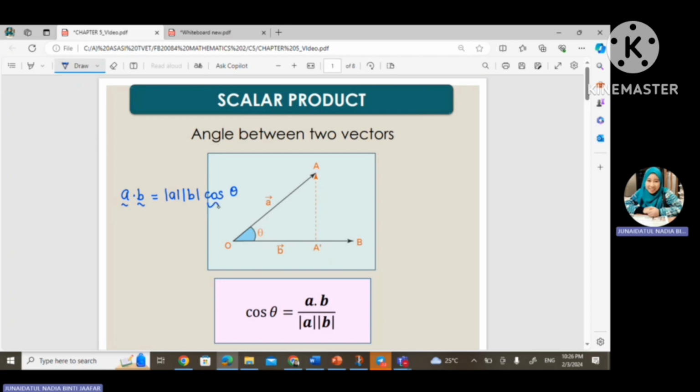So to find cos theta, we get A dot B divided by the magnitude of A times the magnitude of B. This is the formula that we can use to find the angle between two vectors.